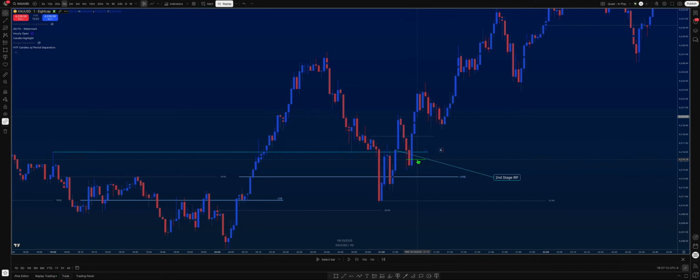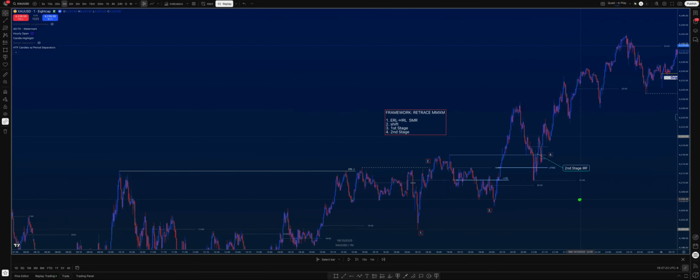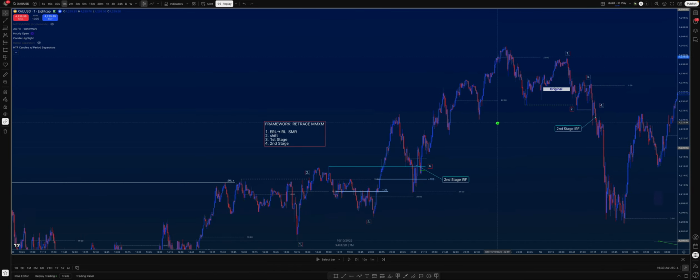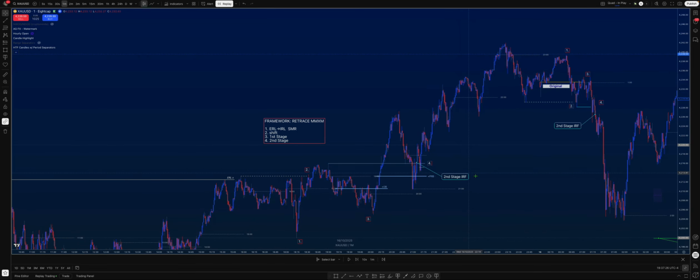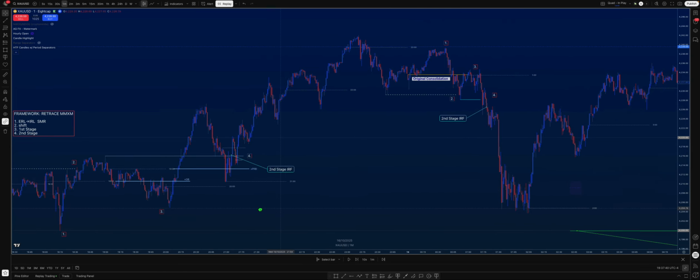And another confluence for that is the fact that we had this manipulation closure as well, which I've been doing some studying on this weekend as well, and that ties into the market maker framework as well, because this is a bearish signature, but we're bullish, and that's why it's called a manipulation closure. But what this is indicating is actually that it is part of an original consolidation.